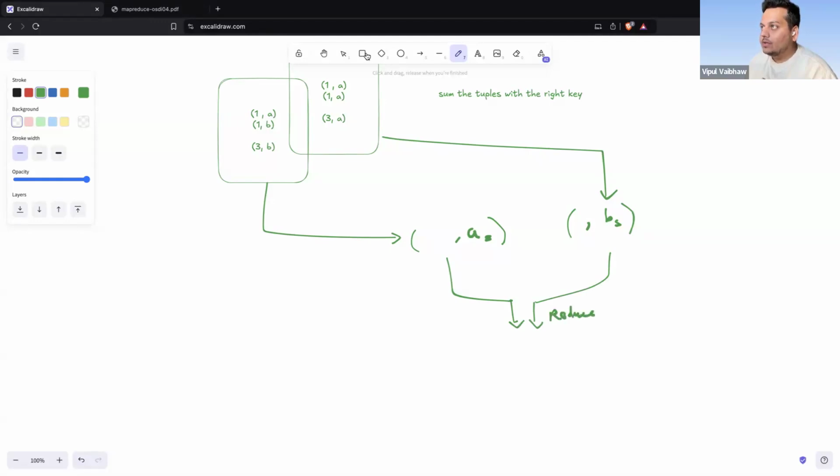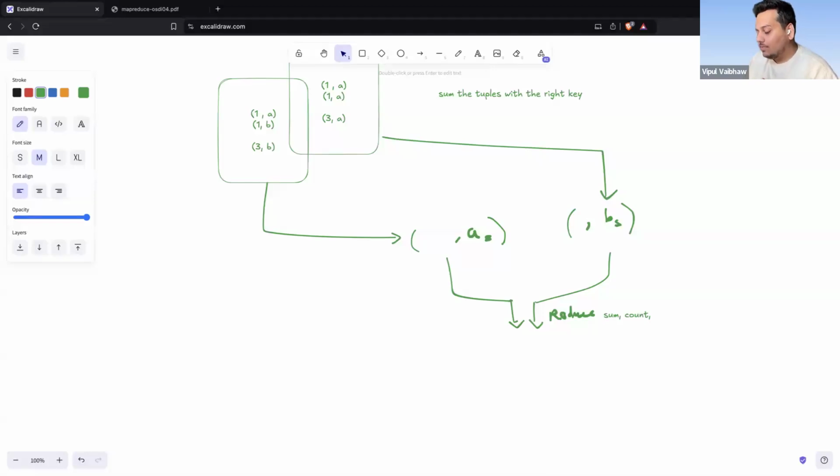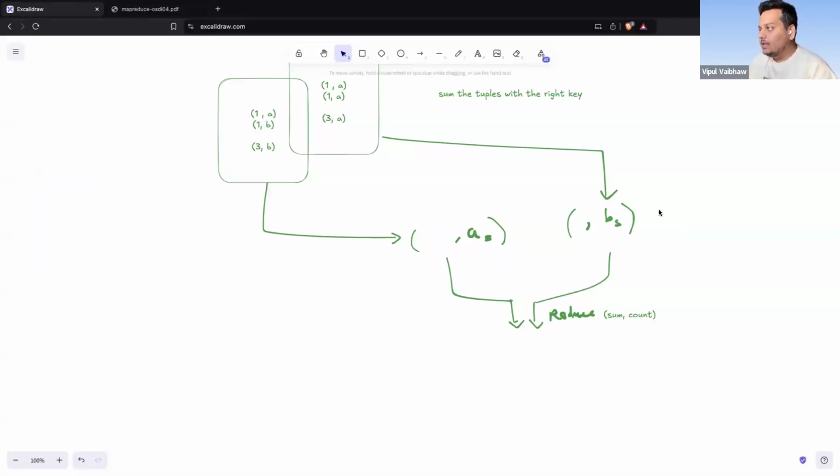All the aggregate operations, let's say sum, count, max, min, whatever, come into the reduce, and all the mapping side of things, the creation of these tuples, comes under map.